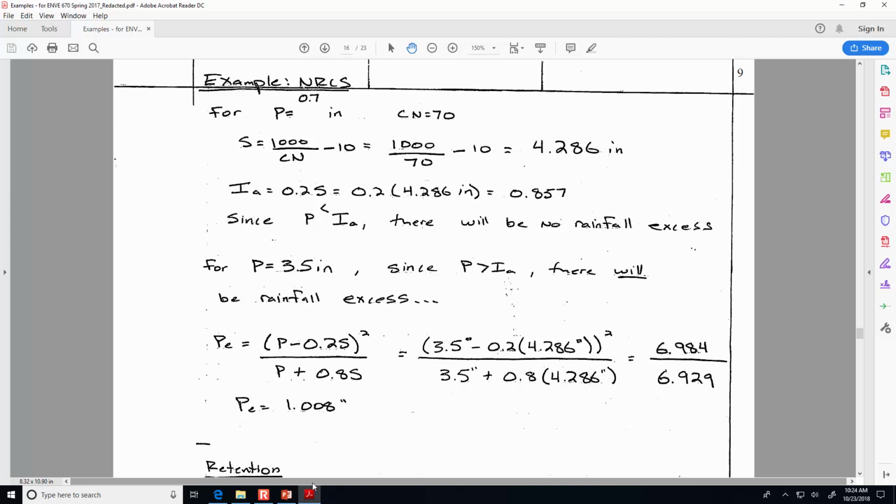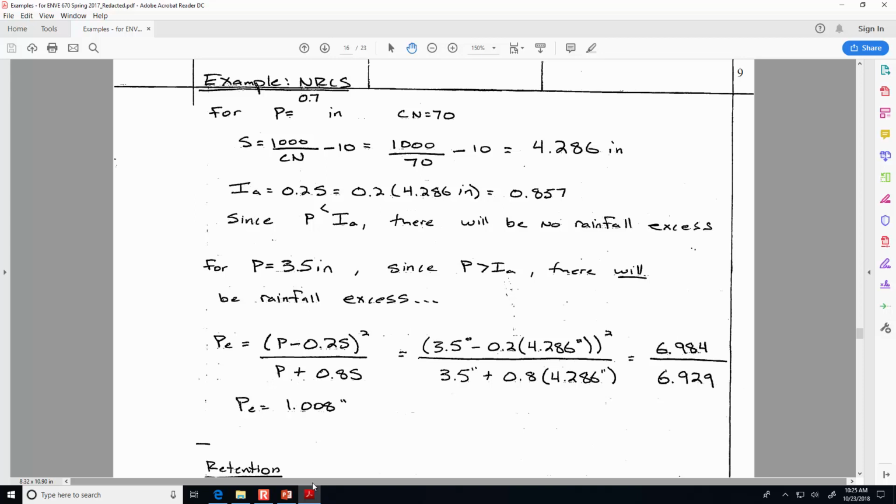Okay, the smaller storm, where it's 0.7 inches, it doesn't accomplish the initial abstractions, as the book would put it. The potential maximum storage, based on the land use and soil type that's all rolled up into the curve number, tells us that the watershed has the potential to hold on to 4.286 inches.